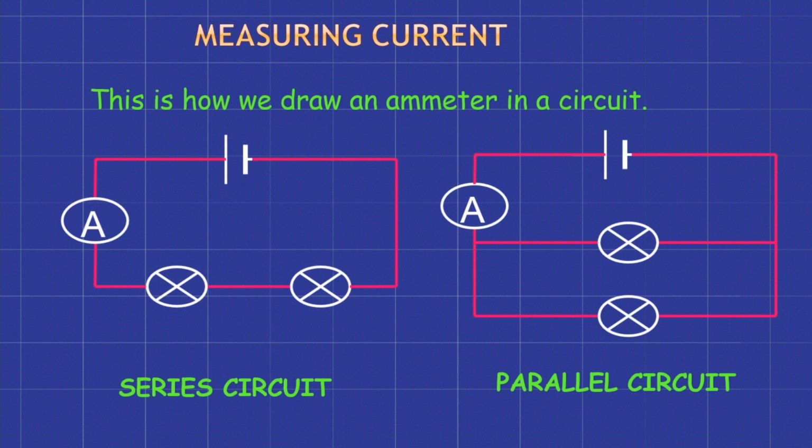While in a parallel circuit, there are two or more paths for current to flow through. So voltage is the same across each component of the parallel circuit, and the sum of the currents through each path is equal to the total current that flows from the source.